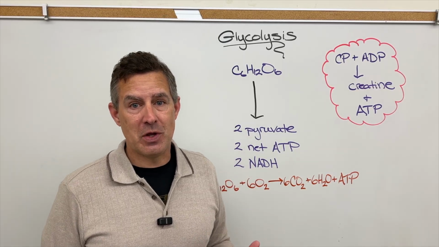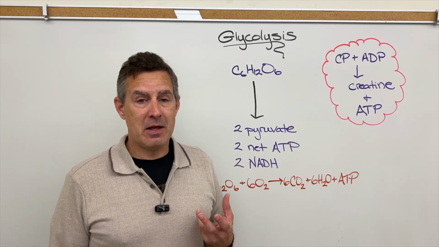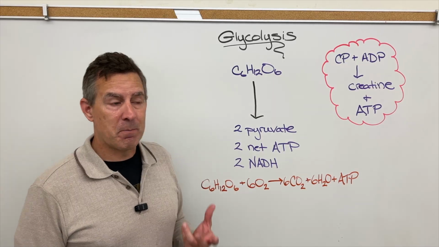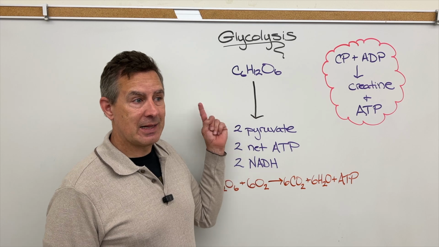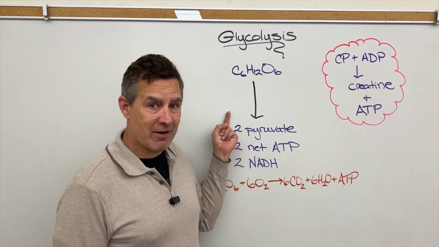I did mention that red blood cells lack mitochondria, and the red blood cells, otherwise known as erythrocytes, are going to produce ATP glycolytically. That is, within the cytoplasm, because they don't have mitochondria.